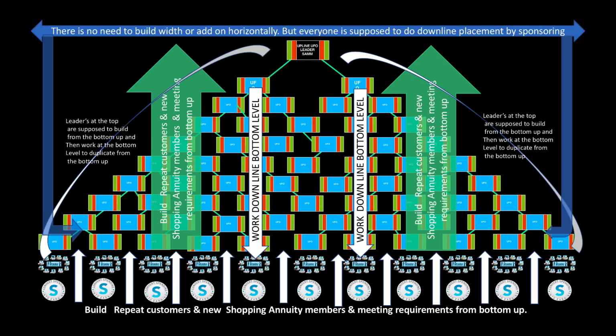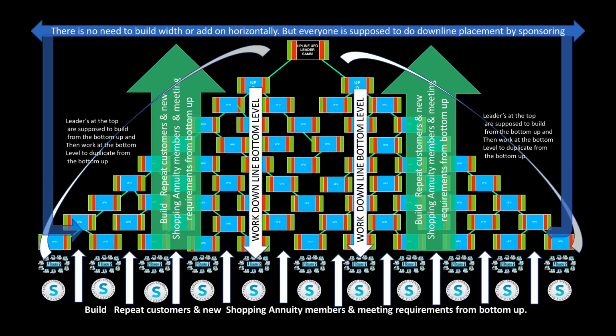So at any rate, if you look at this diagram, you work downline at the bottom level. And what is being done at the bottom level? Well, if you look across the bottom, you have each UFO that gets involved with 10 customers. They build a solid retail base.